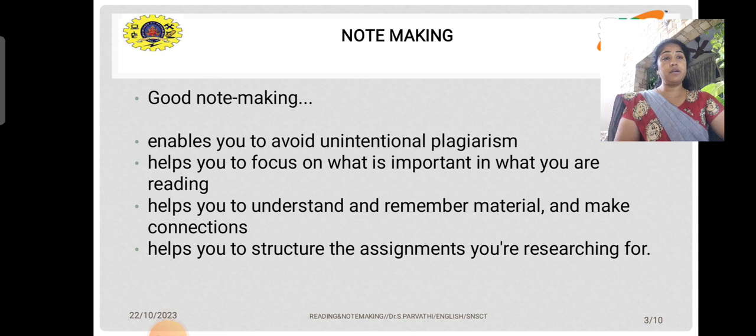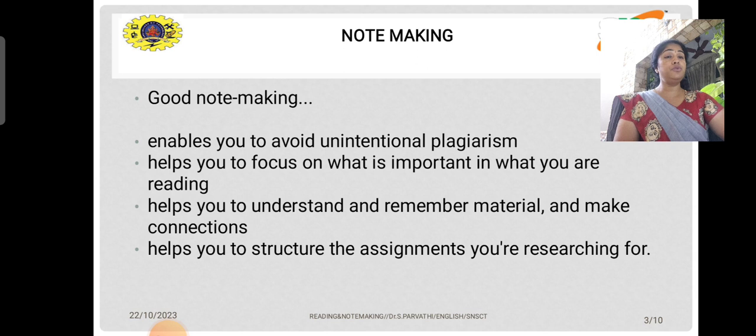Because from our school days we do this reading comprehension. After reading the reading comprehension, we go to the question part and read the question and pick the right answer from the passage, right? The same thing, but here we are doing note making.